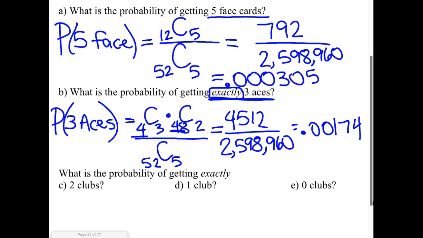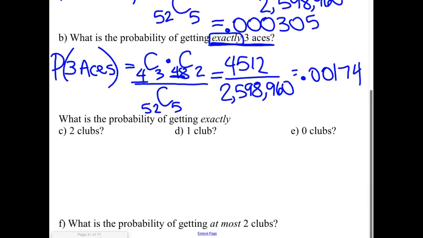All right. We are going to do the same thing here. Again, we want to get exactly, and as a reminder at the very beginning, I'm going to write this to ourselves, that we're doing a 5-card hand. So all together we're trying to get 5 cards. It says here that we want to get exactly 2 clubs.